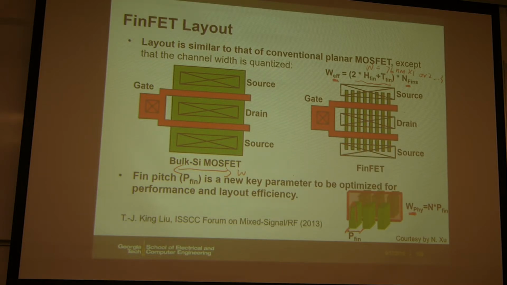Because electrically W is this one, but physically it only takes this space. So you need to pay attention to those two different W. One is the W for the electrical current to conduct, which is the surface of this fin, and the second W is the actual physical width of the fin in this 2D dimension.